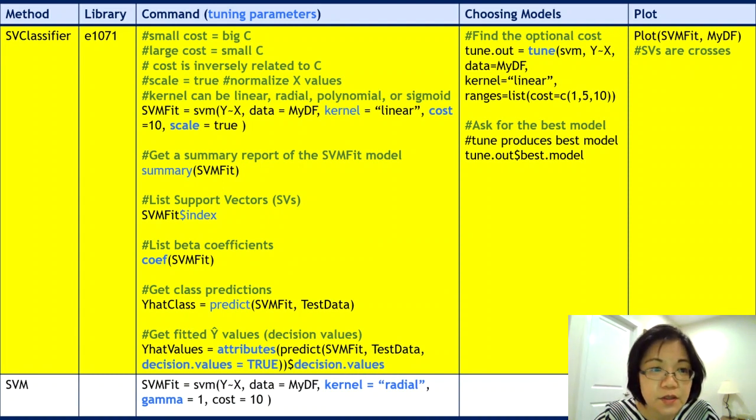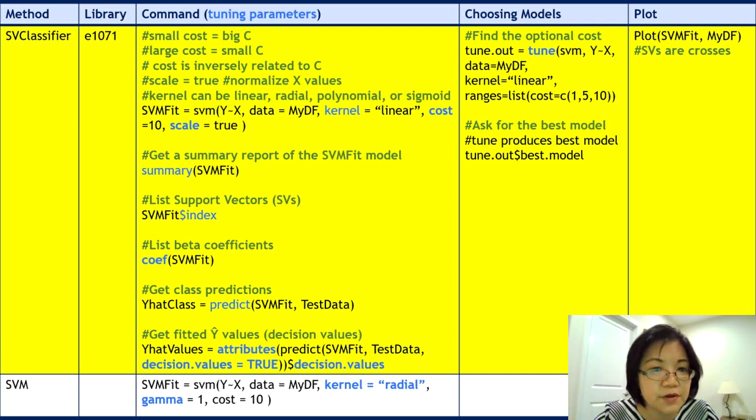And that's it. Here I want to summarize the main functionalities of the SVM command in R from the library e1071. So you can see that SVM is actually pretty straightforward. It takes the formula format y tilde x.